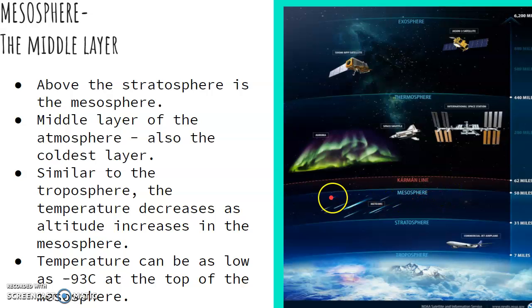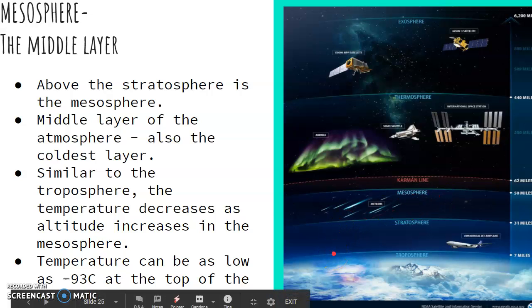And at the very top of the mesosphere, around this layer, the temperature can be as low as minus 93 degrees Celsius. Can you even imagine that? Like, that's crazy. But yeah, so to review, in the troposphere, as you go higher up, temperature decreases.